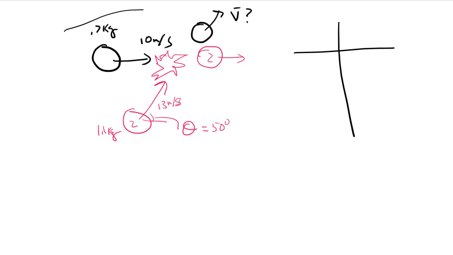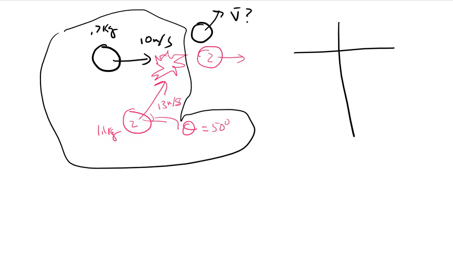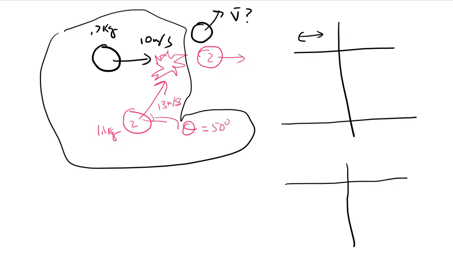So we have a total momentum before the collision, and then we have a total momentum after the collision. Now, there are some things I don't know about the after, but I'm going to kind of do this and then we'll go from there. I think I gave enough information for this. If not, I might have to say something more.